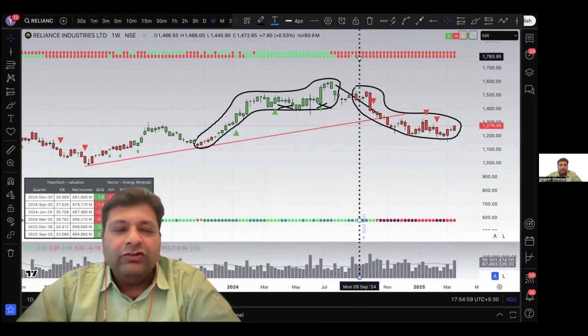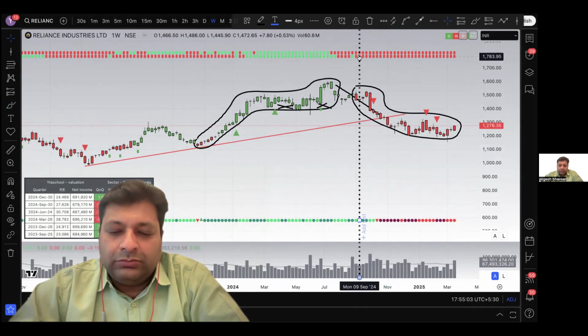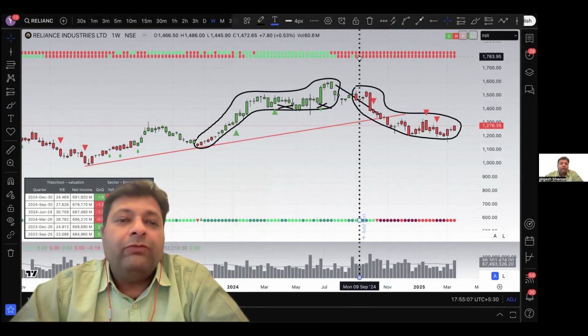Now, if the stock is not able to beat your benchmark returns, why would you even think of entering such trades? We don't want any stock which is not able to outperform the benchmark. And it's very simple.